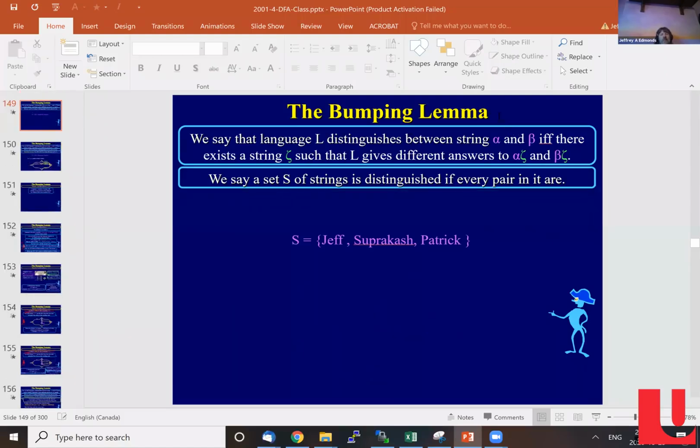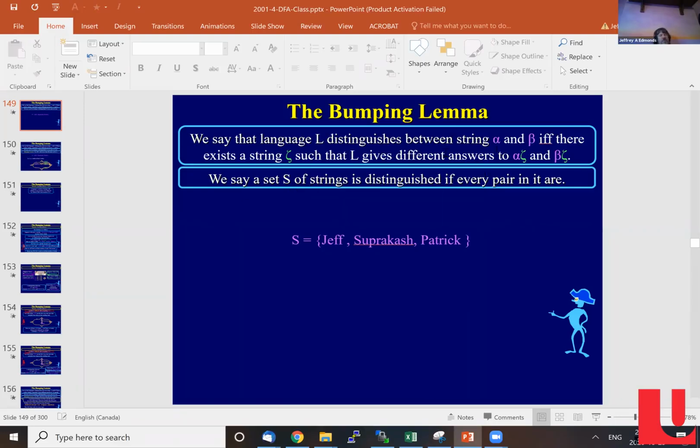the bumping lemma. I'm not going to make you prove the bumping lemma. We could prove it if you want, but we sort of half proved it already. The bumping lemma says, suppose you have a set S that could be finite or infinite, and each pair is distinguished.